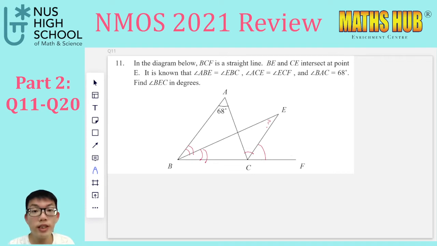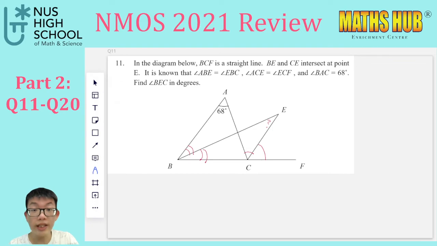Okay, so the first thing that you should realize is that you won't be able to find any of the angles immediately, but we have to use the 68 degrees in possibly more than one way if we are going to solve this.